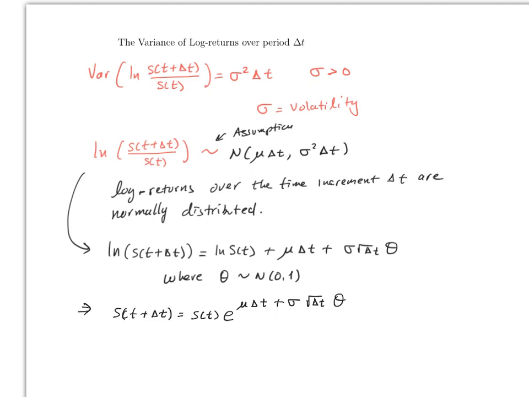Also notice that if S(t) is positive, then this is always positive. So that means the price would always be positive, which is an assumption we have been making since we looked at forwards in the beginning of chapter 3.